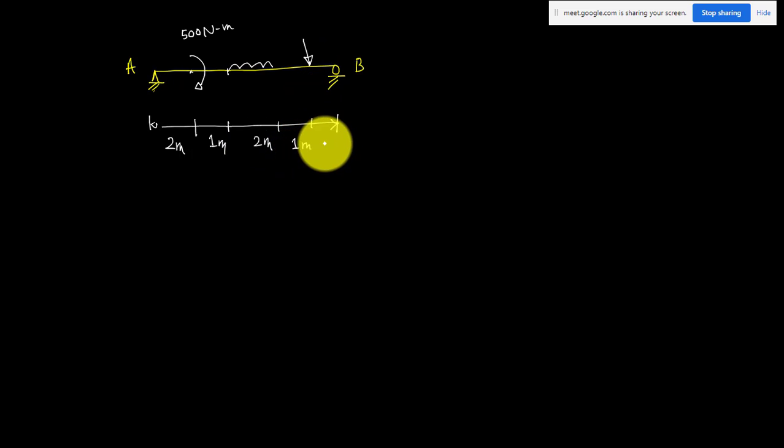So the total span of your beam is how much? 2 plus 3, 7 meter span. This intensity of load I am taking is 1000 Newton, and this UDL is 50 Newton per meter. This is your problem.